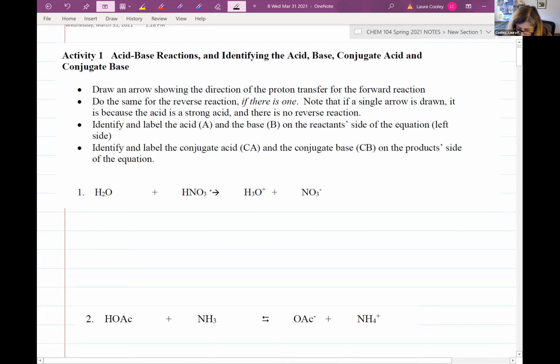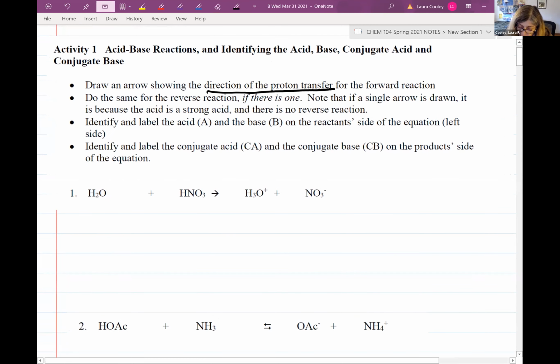I don't mean the arrow for the reaction. I mean the arrow going either this way or this way that represents the direction of the proton donation, the direction of the proton transfer. And we're going to do the same for the reverse reaction, if there is one. When would there not be a reverse reaction? That would be when there's a very, very strong acid, because the reverse reaction doesn't happen. It's only a forward reaction. I'll show you as we go along.